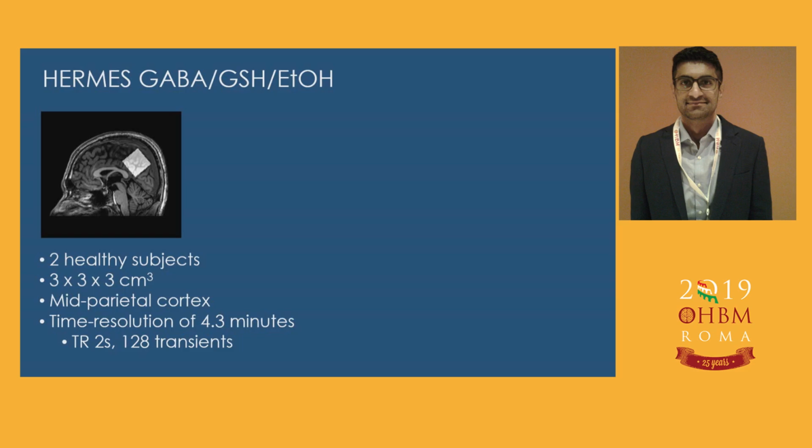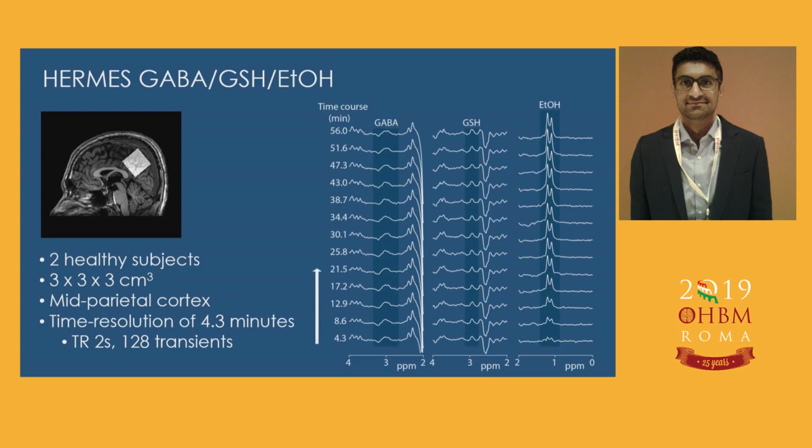So this was tested in 2 healthy subjects in the mid-parietal lobe, with a voxel size of 3 by 3 by 3 centimeters cubed. We scanned the subjects for 1 hour after consuming alcohol, and then we broke that data down into blocks of 4 minutes that contain about 128 transients. And you can see the edited spectra gave us, as expected, 3 edited compounds. You have GABA on the left, glutathione in the middle, and ethanol on the right.